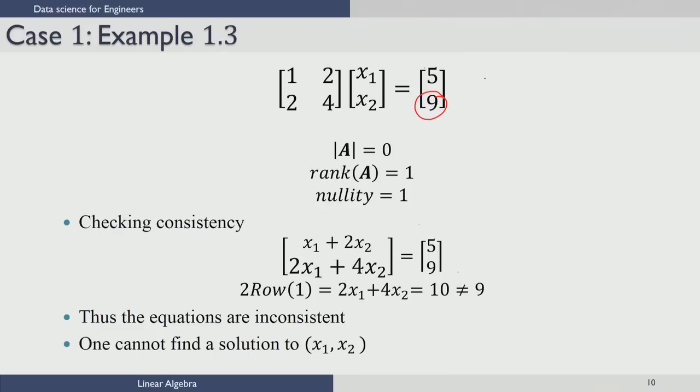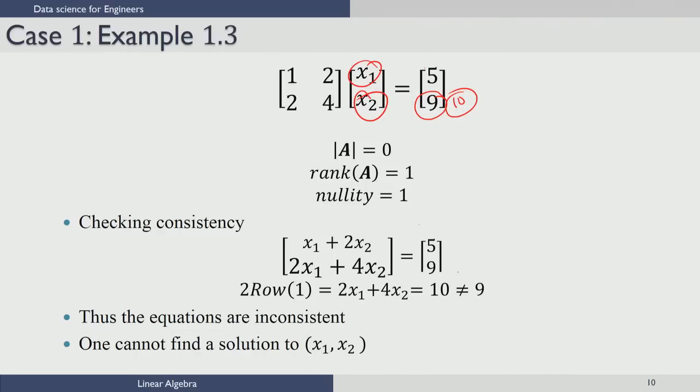That basically means whatever x1 and x2 values that you used for solving the first equation, if you plug that value into the second equation, your right hand side will always be 10, but you want it to be 9, which is never possible. So, this is a case where you will not have any solution. In other words, if this number is anything other than 10, you will have no solution to these equations. This will become an inconsistent case.